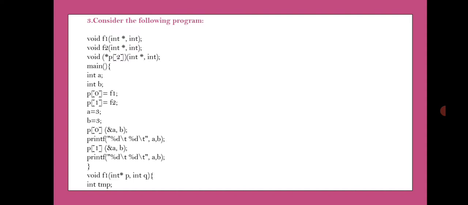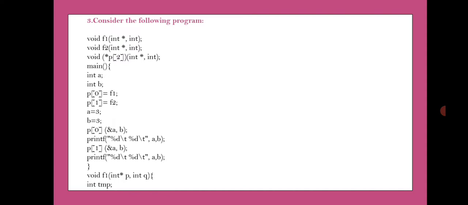In main we have int a, int b, p of 0 is f1 and p of 1 is f2, a equal to 3, b equal to 3. p of 0 takes the arguments ampersand a, b, and printf %d tab %d tab prints a and b. p of 1 takes the same arguments and prints it.